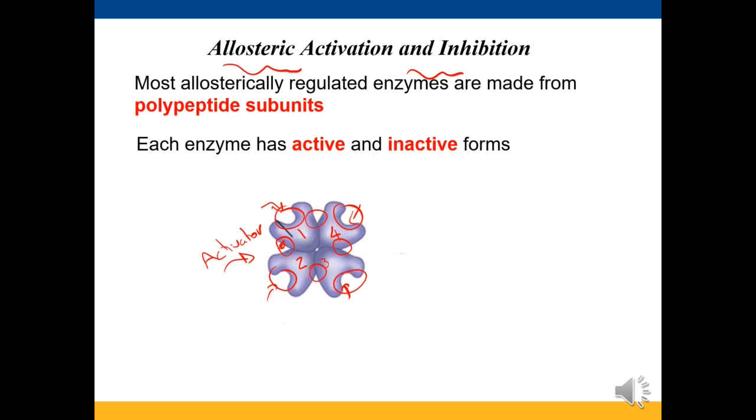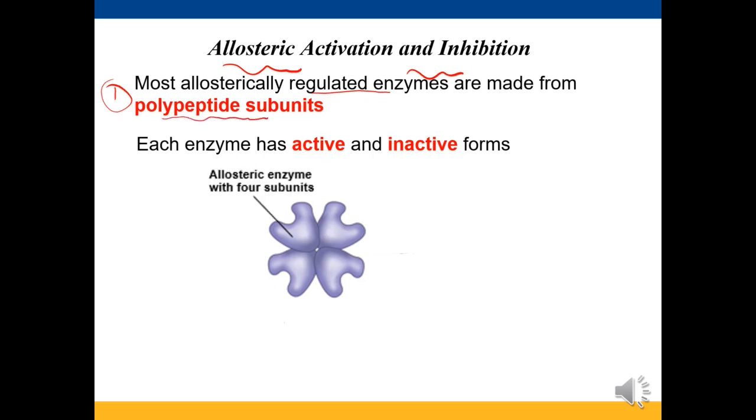So now let's recap all the things that I just told you. The first thing that I told you is that most allosterically regulated enzymes are made of polypeptide subunits. So here you have 4 subunits, and you not only have 4 subunits, you have 4 active sites and also 4 regulatory sites. And they are constantly oscillating between an active and inactive form.